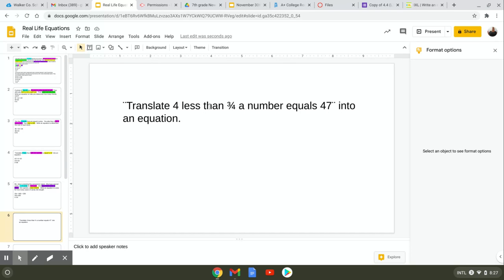Anyway, we know that we would need 4 less than 3/4 a number. So pause it and try to figure out the equation.